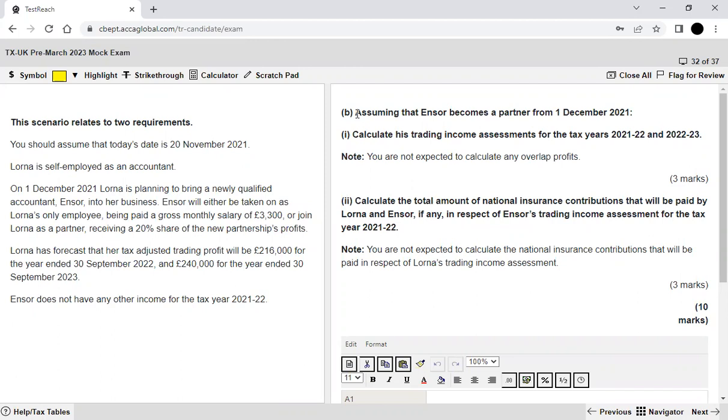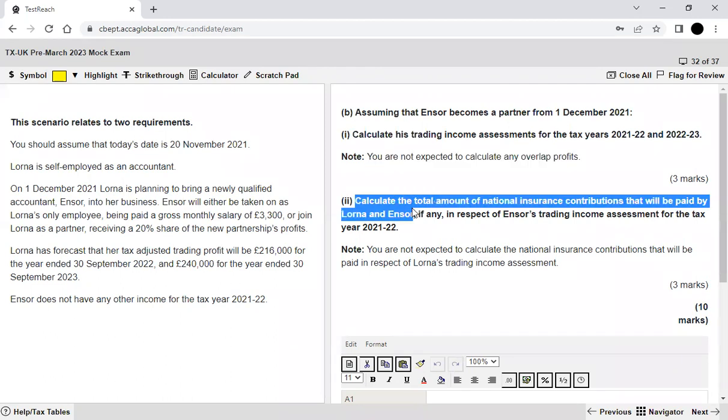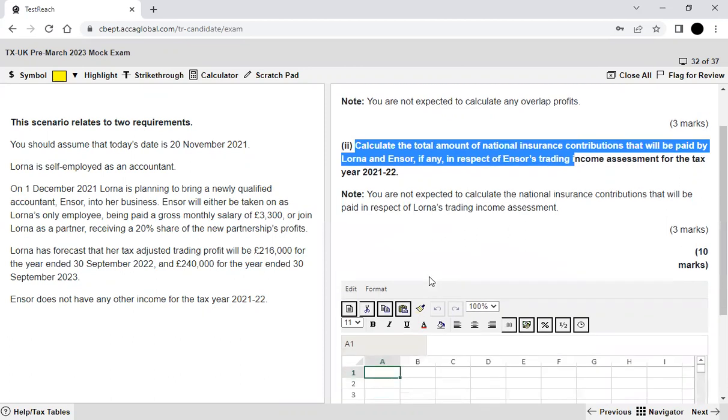Calculate his trading income assessment for the tax year 21-22 and 22-23. You are not expected to calculate overlap profits. Part 2 of the requirement, calculate the total amount of NIC that will be paid by Lorna and Esnor, if any, in respect of Esnor's trading income assessment for the tax year 21-22.